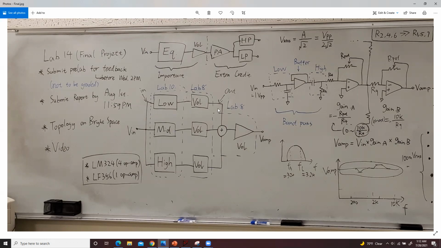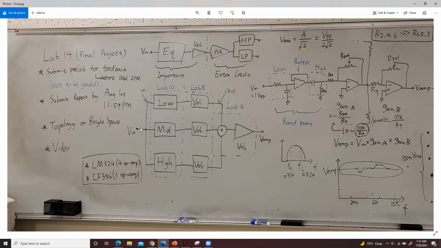In that case, we will make the music signal at lower frequency have larger volume, and make the music at higher frequency have smaller sounds. Okay, so that's how the equalizer works.